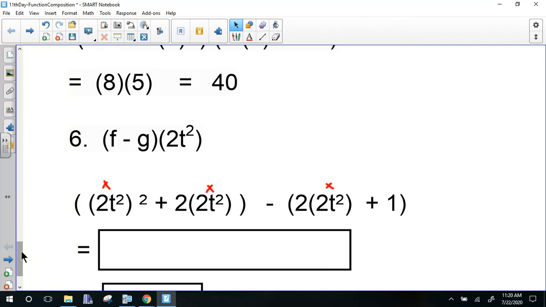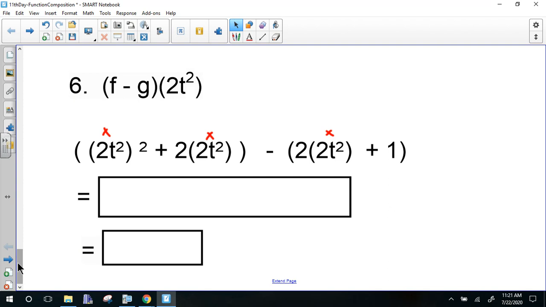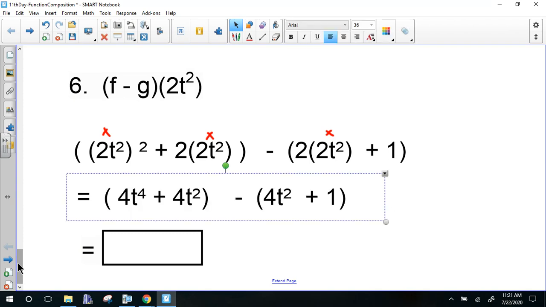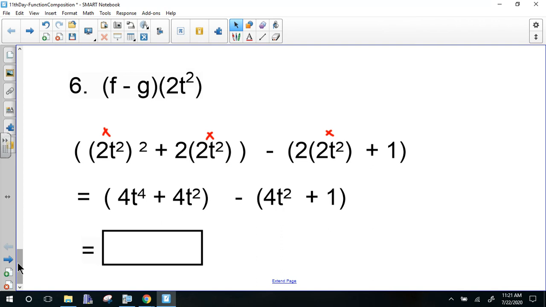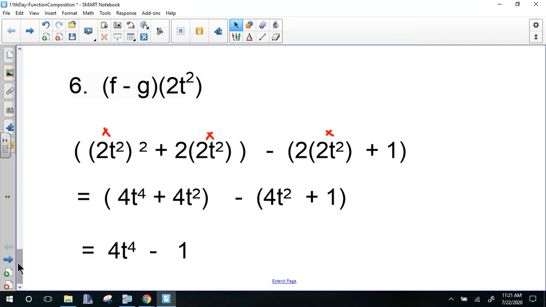I plugged in 2t squared, and I do the math. 2t squared all squared is 4t to the fourth, and so on down the line. Here I got 4t squared plus 1, and I combine any like terms. 4t squareds cancel each other out, and I get 4t to the fourth minus 1.